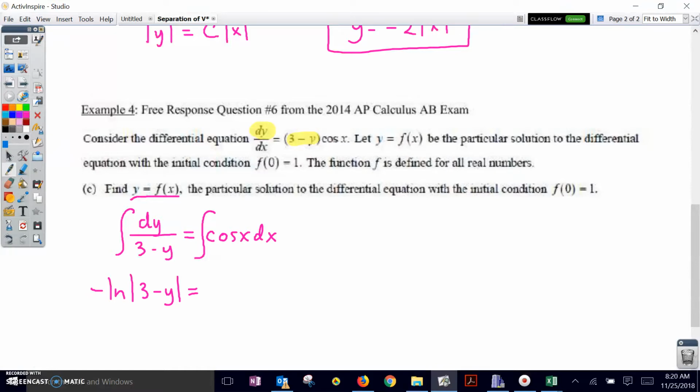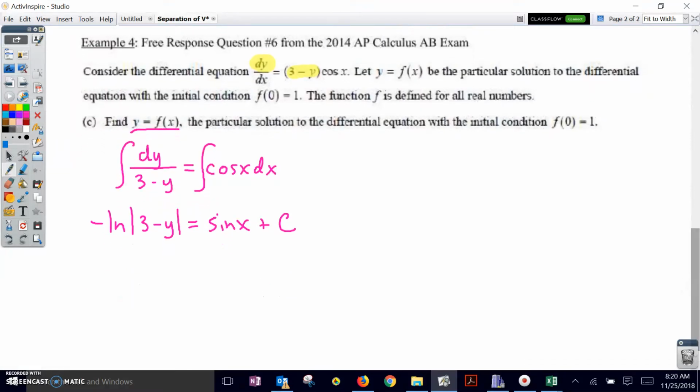And then the antiderivative of cosine of x is just going to be sine of x plus c. Alright, so there's the first part of my equation. Now I want to solve this for y. So I'm going to multiply both sides by this negative, which makes this negative sine of x plus a different constant.